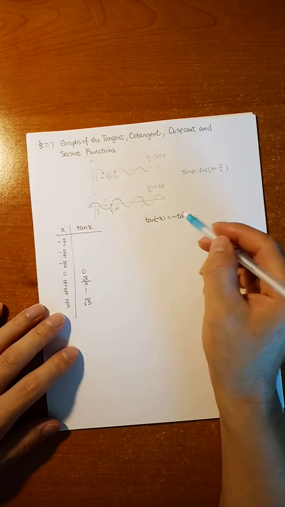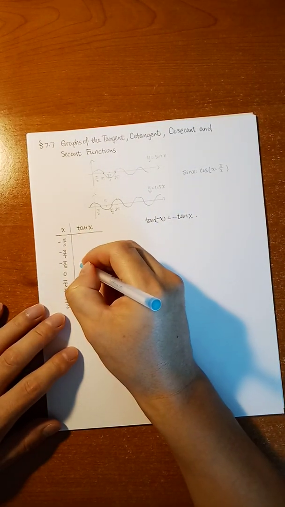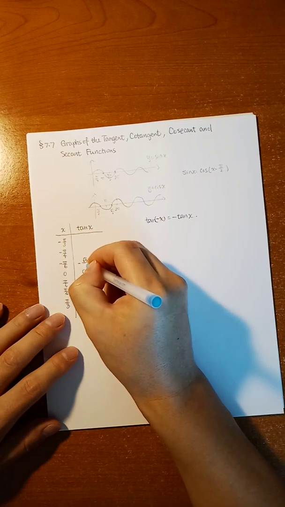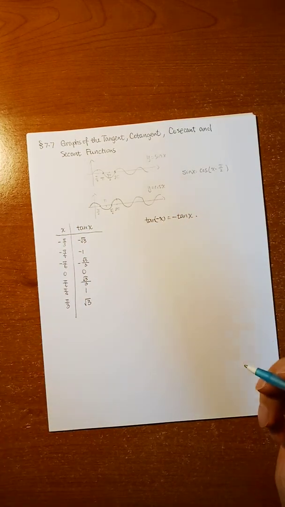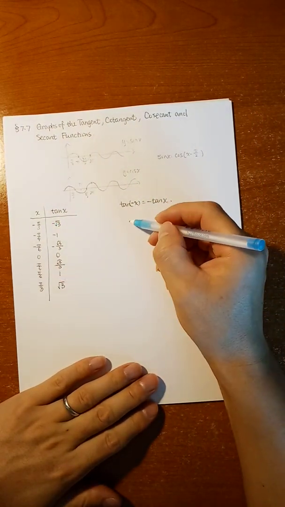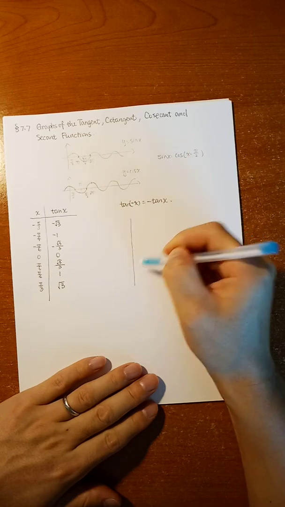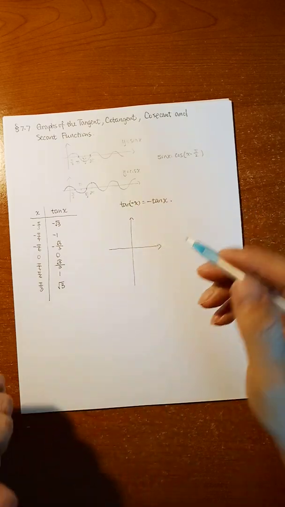And for a negative angle, you just add a negative sign. So you get negative root 3 over 3, negative 1, and negative root 3. Once you get those values, let's try to sketch the graph.